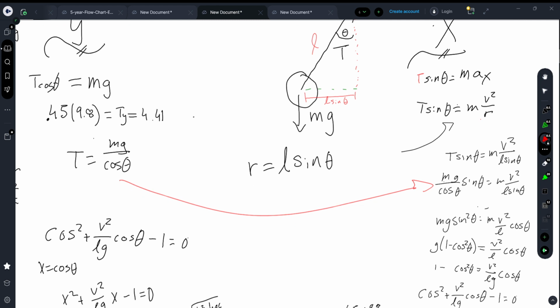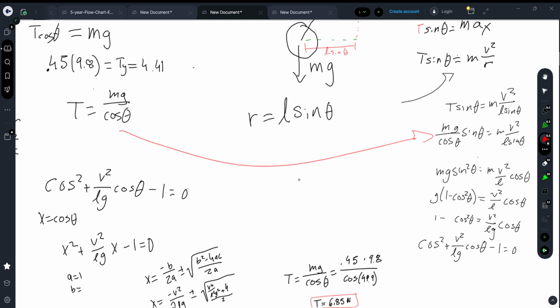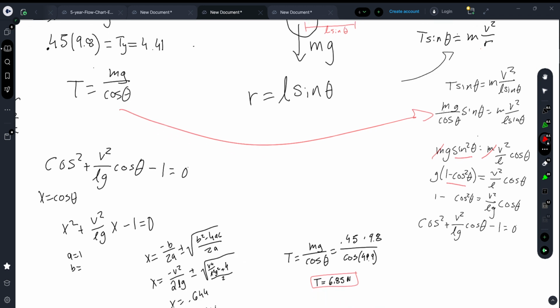Then I multiplied both sides by cosine and both sides by sine, and so then I have mg sine squared theta cosine theta. I canceled out m's on both sides, and then I turned sine squared theta into 1 minus cosine squared.